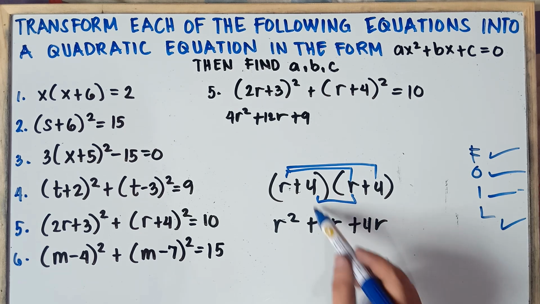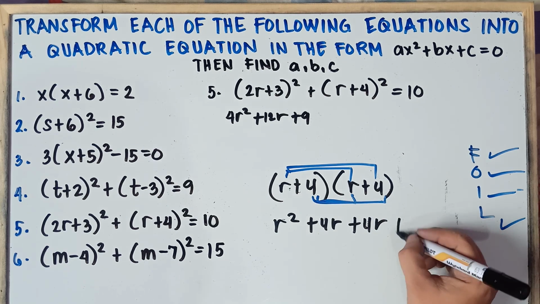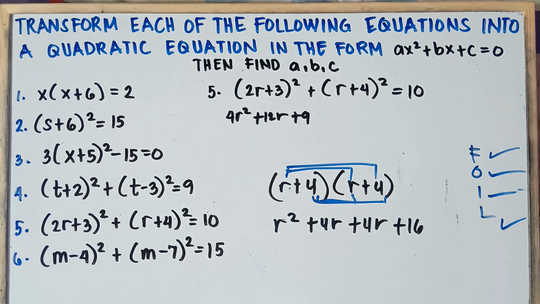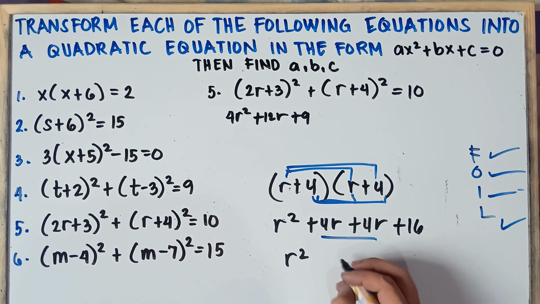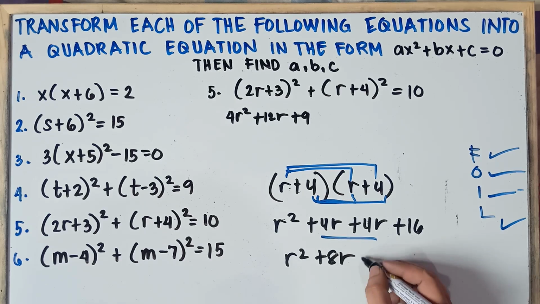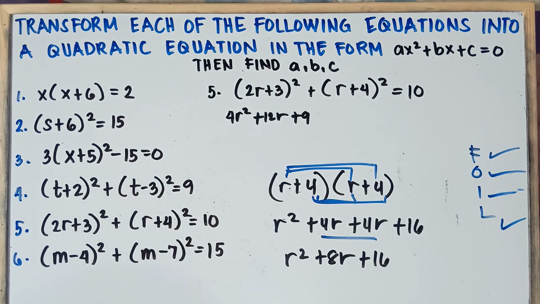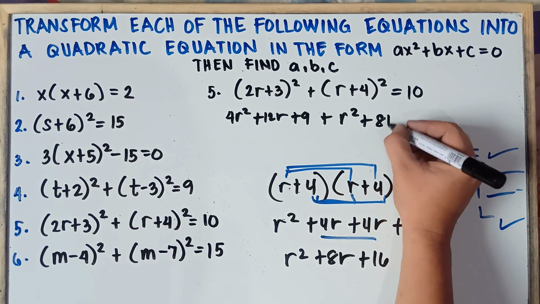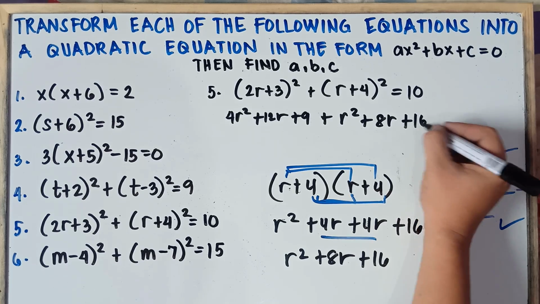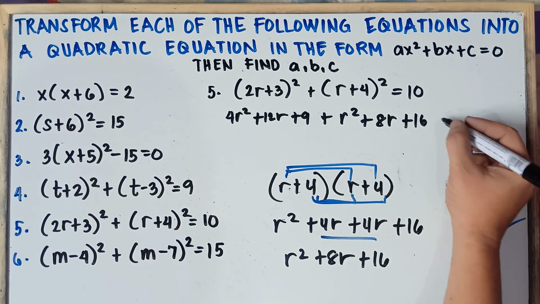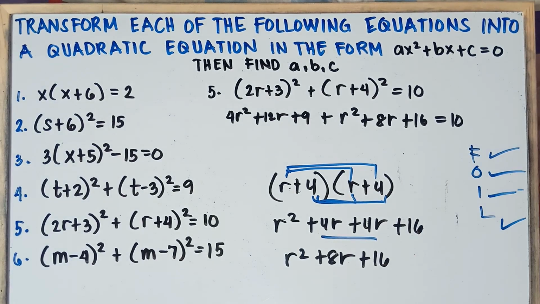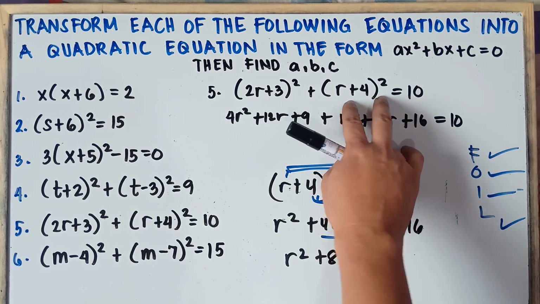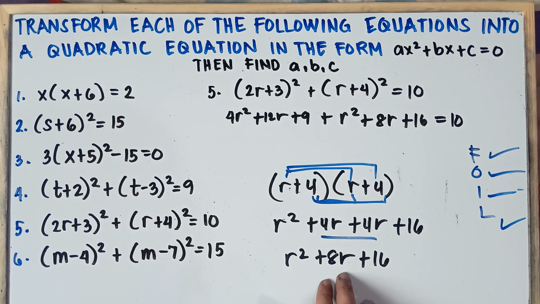And then last, 4 times 4, that's positive 16. So combine this one. Copy r squared. 4r plus 4r, that's positive 8r. Then copy plus 16. So this is r squared plus 8r plus 16, and then equals 10. So once again, class, the answer for this one is r squared plus 8r plus 16.